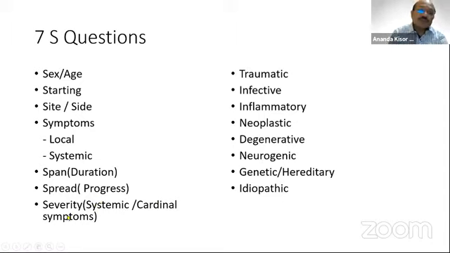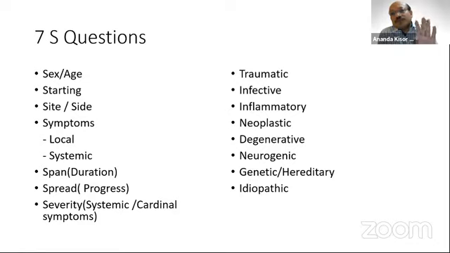And the severity is most important. The systemic features, or the cardinal symptoms, as I mentioned, are the last part of the history of present illness. What are those cardinal symptoms? There is a significant loss of weight, more than 10% loss of weight in the last 3 months, or the patient will complain that the shorts have become very loose. There is a significant loss of appetite, bladder and bowel problems, and also sleep disturbance.